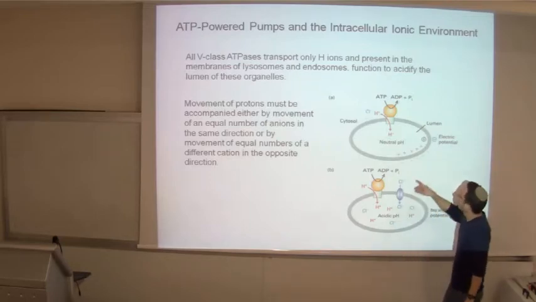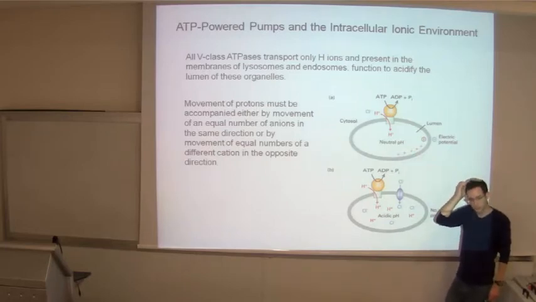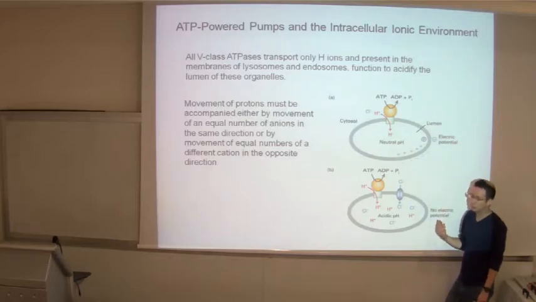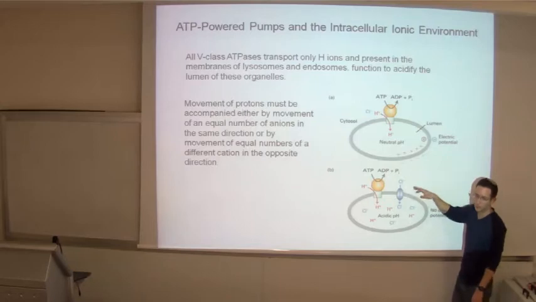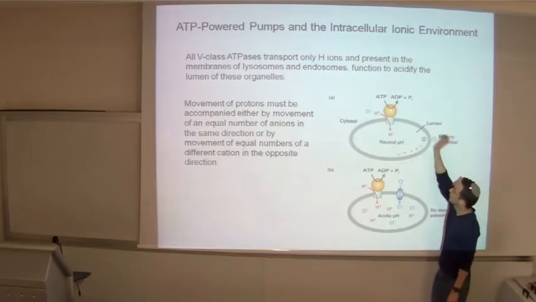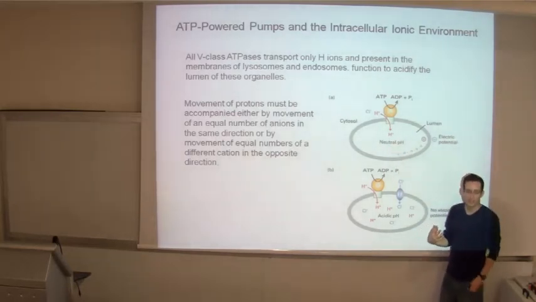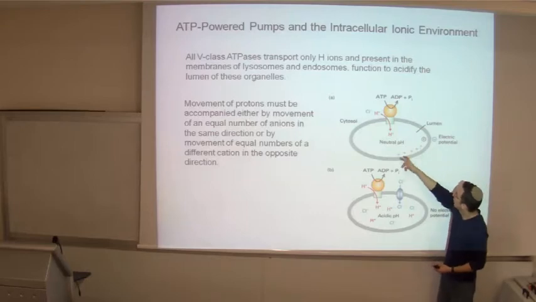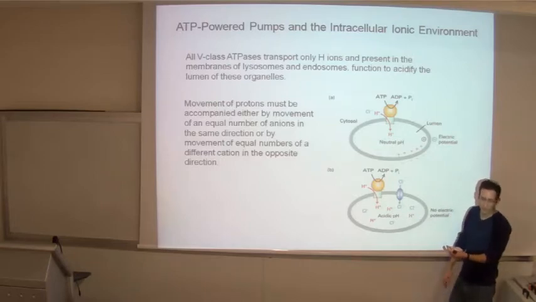Okay, this is what we call an electrogenic process. So the V-class ATPase performs an electrogenic process in which the net charge is not neutral, it's different from zero. Because if you move more and more positive charges into the lysosome, then very rapidly there will be a high enough positive charge inside to prevent moving any further positive charges in.